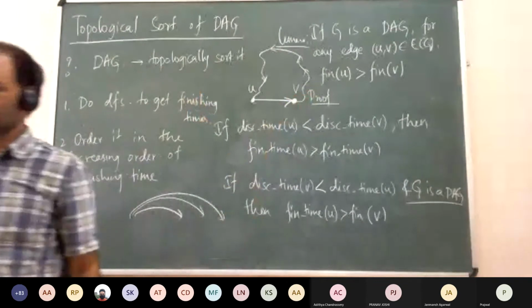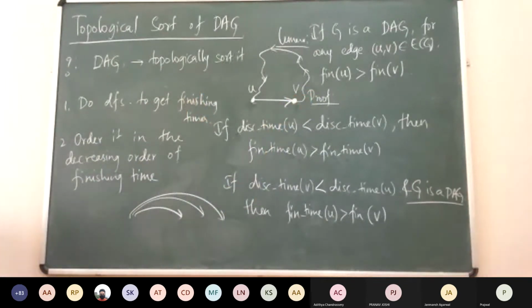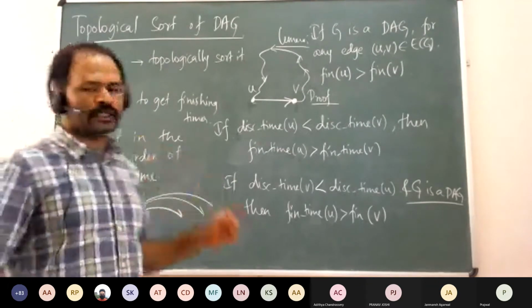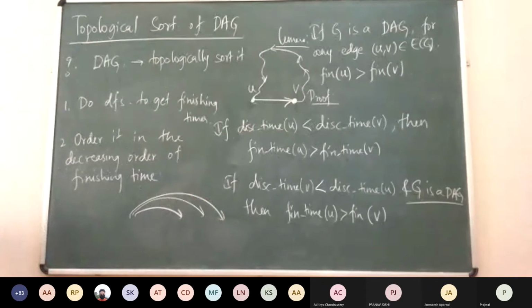So once the given graph is a directed acyclic graph and there exists a directed edge UV in the graph, then the finishing time of U will always be greater than the finishing time of V.